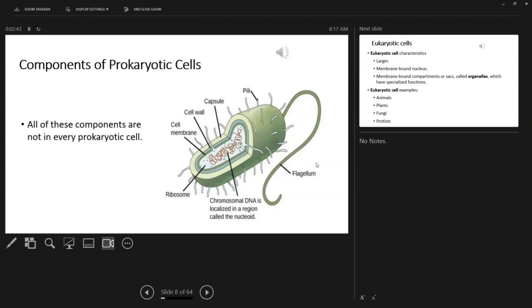But like all cells, it has a plasma membrane here, and surrounding that a cell wall, and then to the outside of that is yet another layer called a capsule for protection. In some cases the capsule is sticky and helps the one-celled organism attach to surfaces or to other cells, other bacteria.